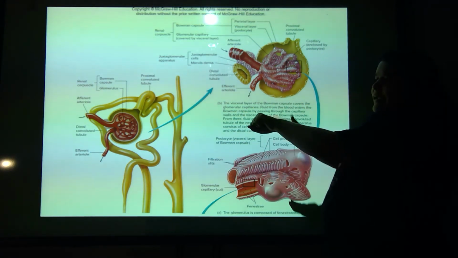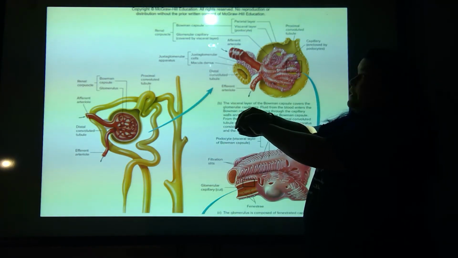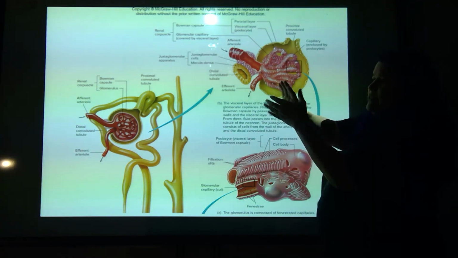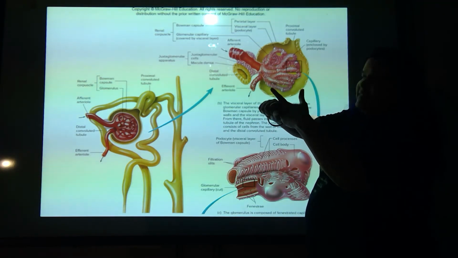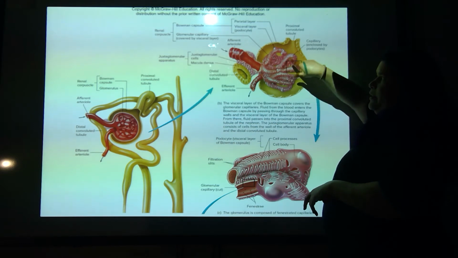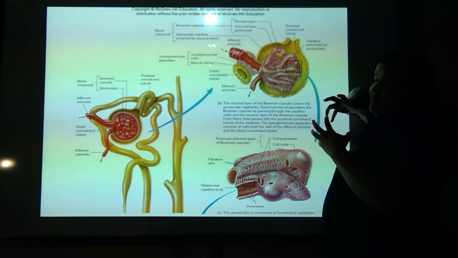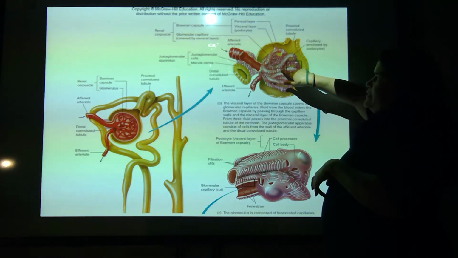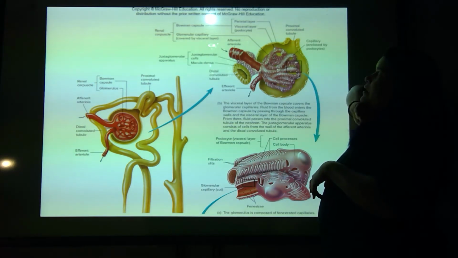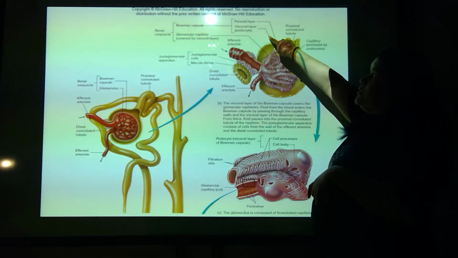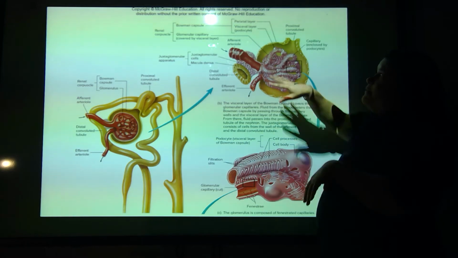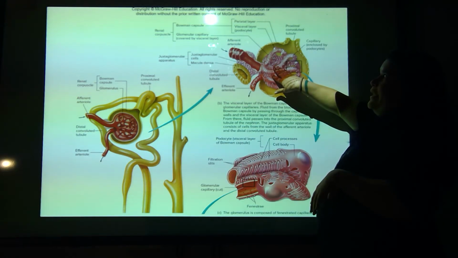That inner layer that looks like it's just covering it up actually is surrounding every single loop of this capillary bed that you see. So all of these cells here make up the visceral layer, the internal layer of Bowman's capsule, okay?